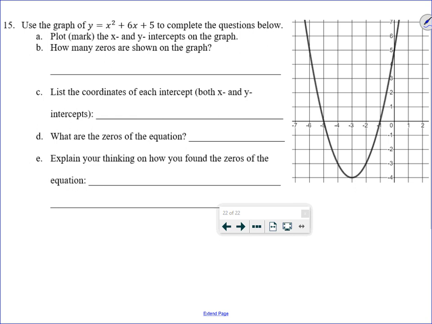So plot the x and y intercepts on the graph. So those are the x-intercepts. And that's the y-intercept. All right, how many zeros are there on the graph? 2. Give the coordinates of each intercept. So the x-intercepts are -3, 0, and -1, 0.